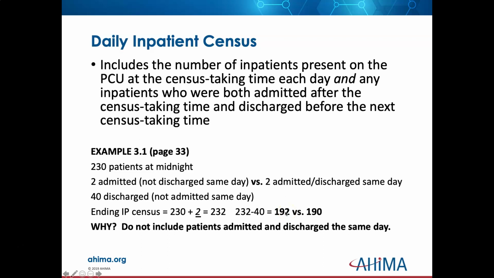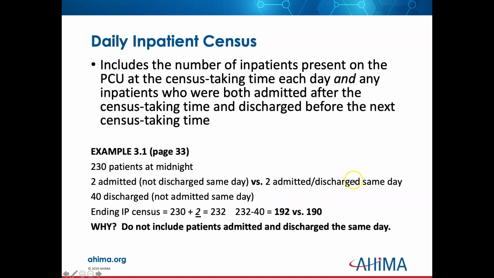Now let's play the game of what if these two that were admitted were actually admitted and discharged on the same day? Well, we just talked about the fact you don't include those patients. So in this scenario, you would have 232, but you would totally ignore this 2, and you would have 230. 230 minus 40 is 190. Okay, do you see the difference?